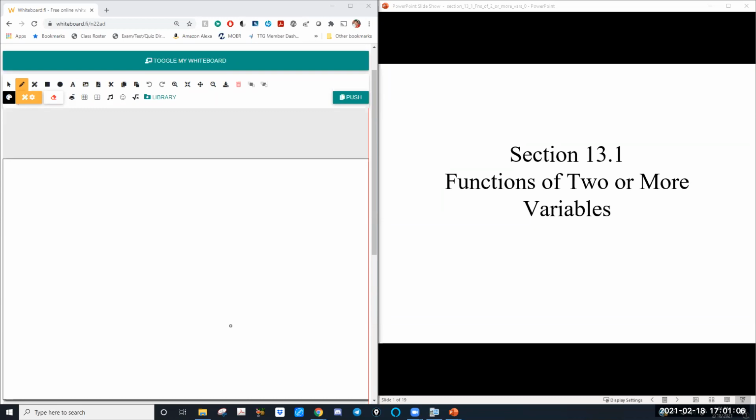So we're really going to start to get into some interesting topics. Things like tangent planes, optimization, directional derivatives. So we're going to get into some really cool stuff over the next few weeks. But we need to start somewhere, and we need to start talking about functions of 2 or more variables.